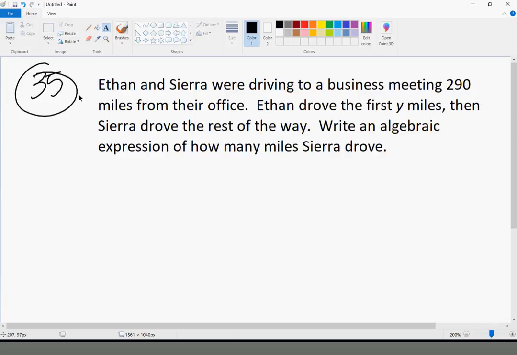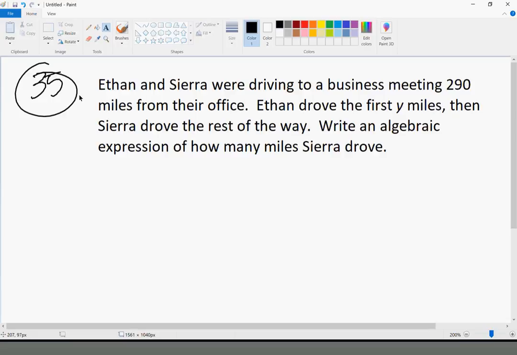Okay, so Ethan and Sierra were driving to a business meeting 290 miles from their office. Ethan drove the first Y miles, then Sierra drove the rest of the way. Write an algebraic expression of how many miles Sierra drove.